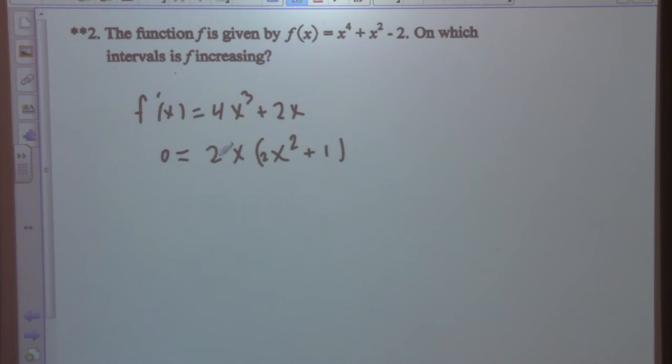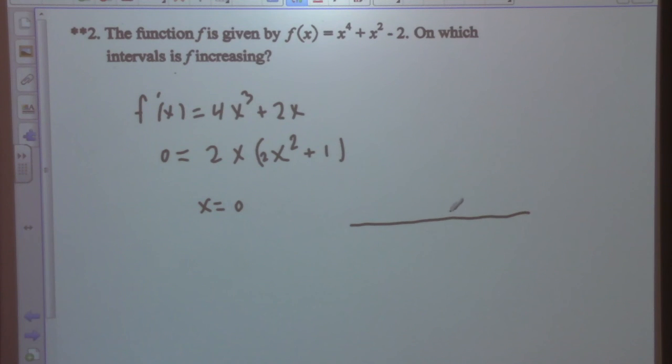Is this always going to be positive? Yes, it cannot be 0. It's positive no matter what. So what is our only critical number here? x is equal to 0. The only critical number is 0.